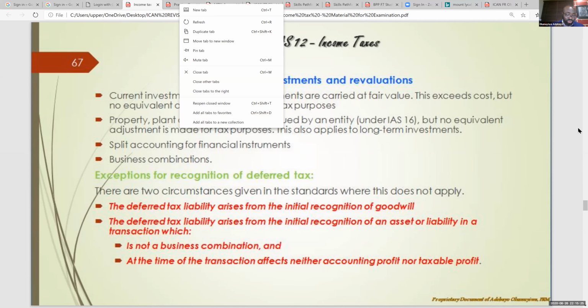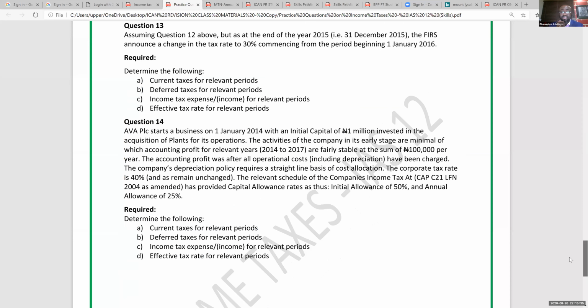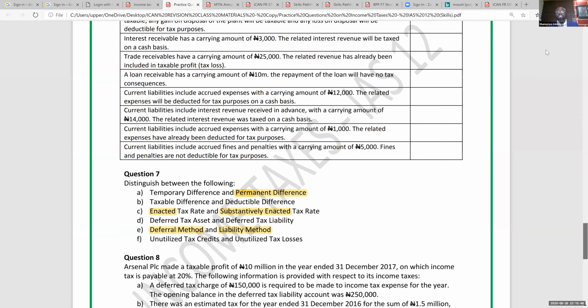Remember goodwill only arises from a business combination. It's not even in this one because this is purely for skills level. Now, question 14, I can advise you to go and play with it. It's so interesting. I won't tell you what you'll find out there, but if you are willing to explore, you can check that question 14.